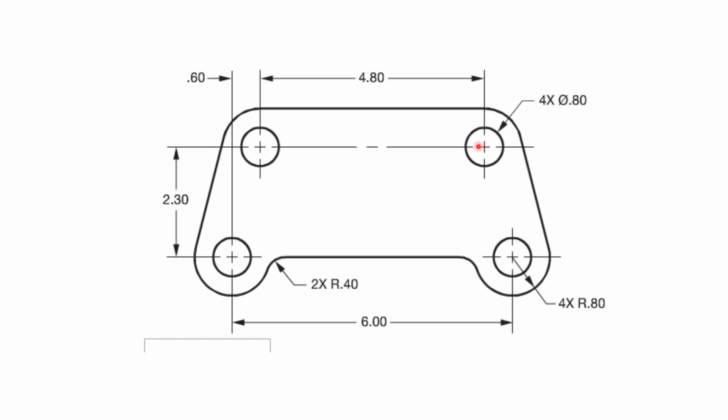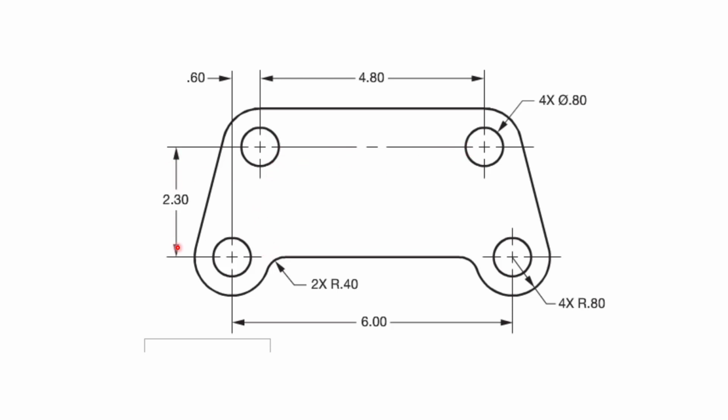This X here with these extended lines out is referred to as a center mark. So it gives the center of this circle and by implication the center of this arc. This dotted line here is referred to as a center line, or in this case it's being used as a construction line, which implies that this circle and this circle are on the same horizontal line.